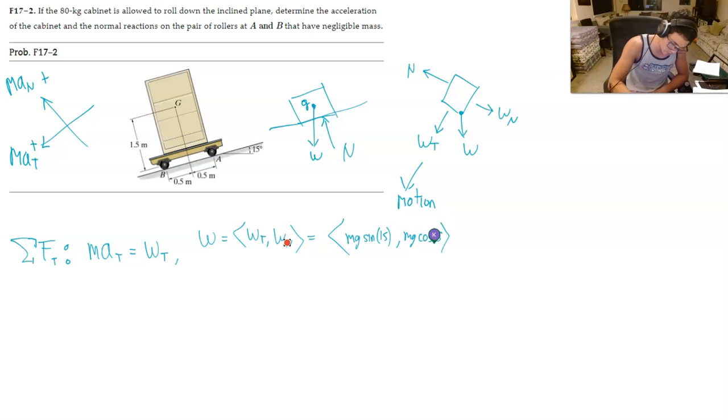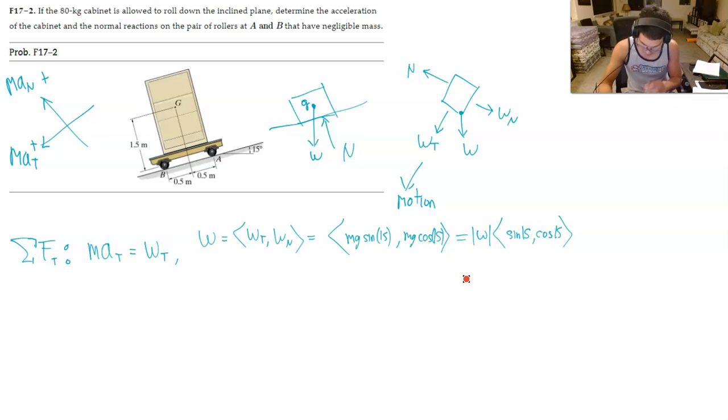And the reason why I know it's cosine and sine in this order is because, like I said, it's a small angle, so most of the weight should be pushed down in the normal direction. I'm just going to write this as W sine 15, where W stands for the norm of the weight, so just the magnitude, and W cosine 15.